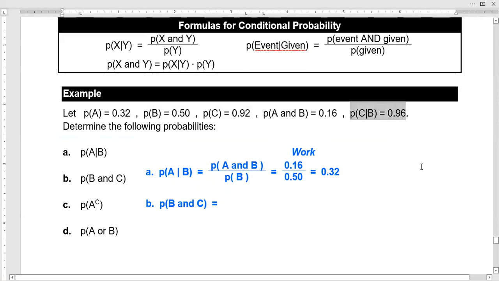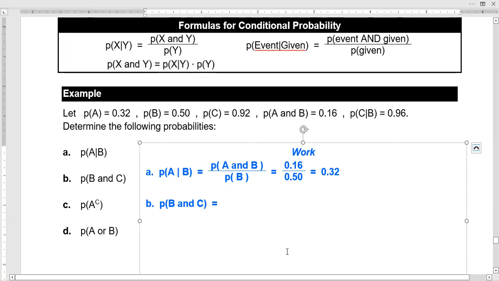And then I have a conditional probability, the probability of C given B. Because I know this, instead of knowing the probability of B or C, that tells me I'm going to use this formula. This is like the lock, or the key, and then this is its corresponding piece.